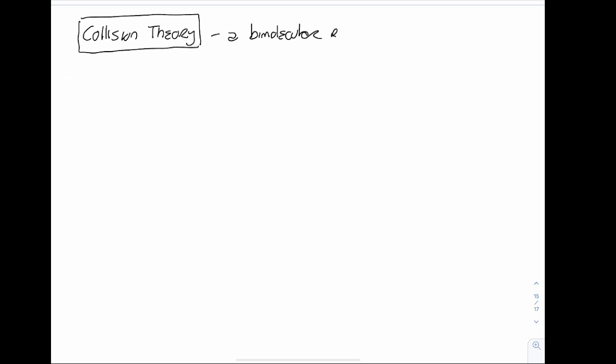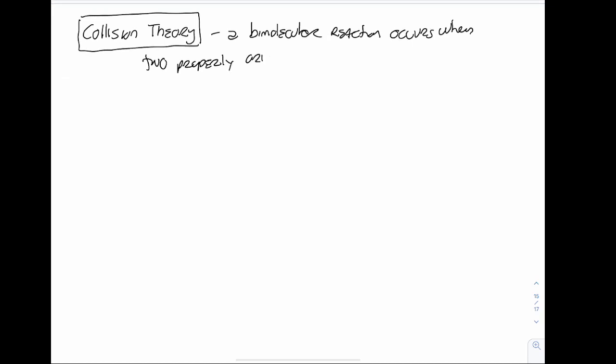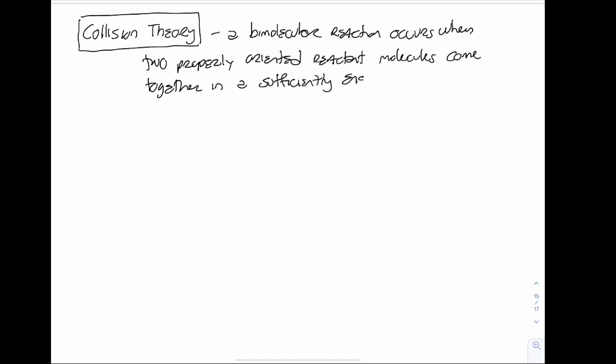So a bimolecular reaction occurs when two properly oriented reactant molecules come together in a sufficiently energetic collision.